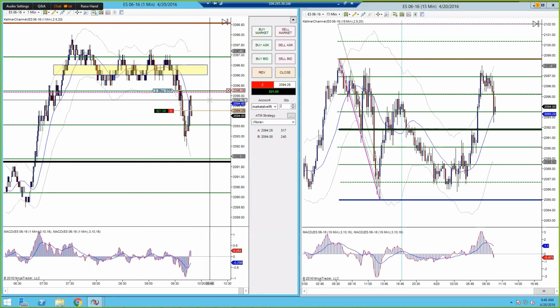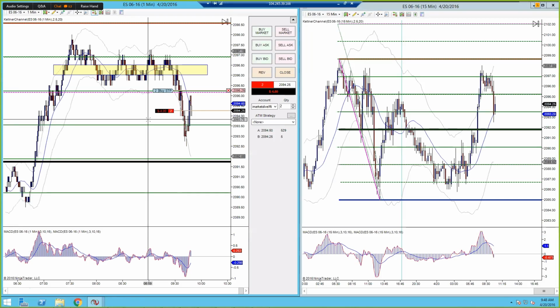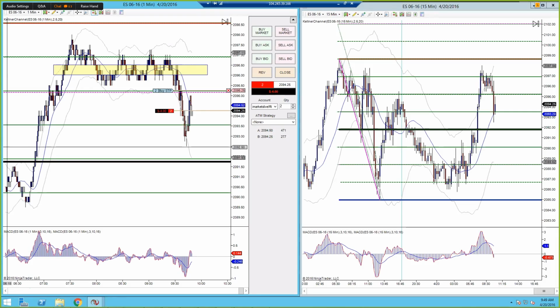If prices move down, we'll move the stop down, okay? Keep a very tight stop in the market, guys. Very small stops.